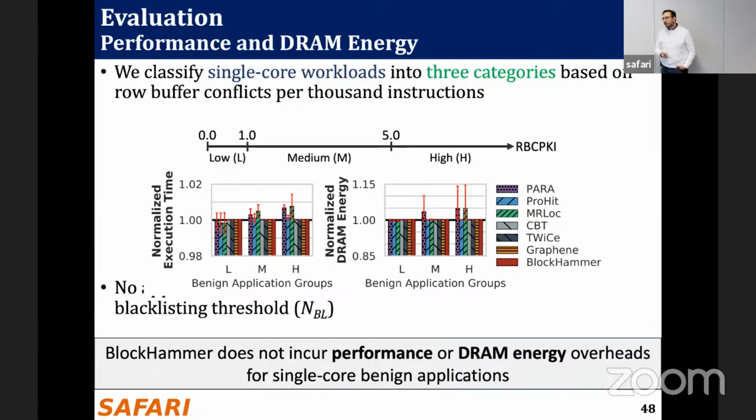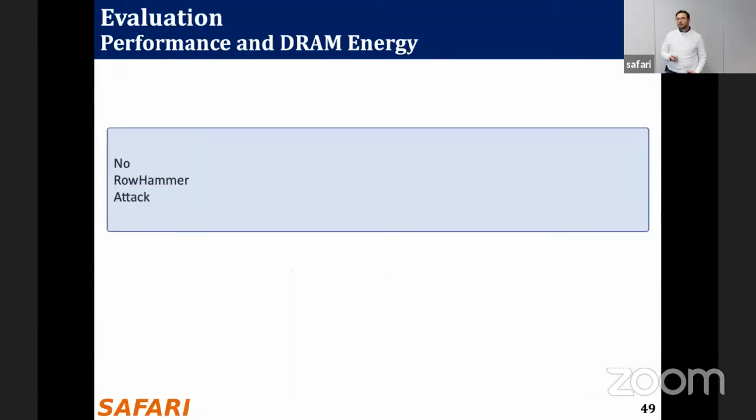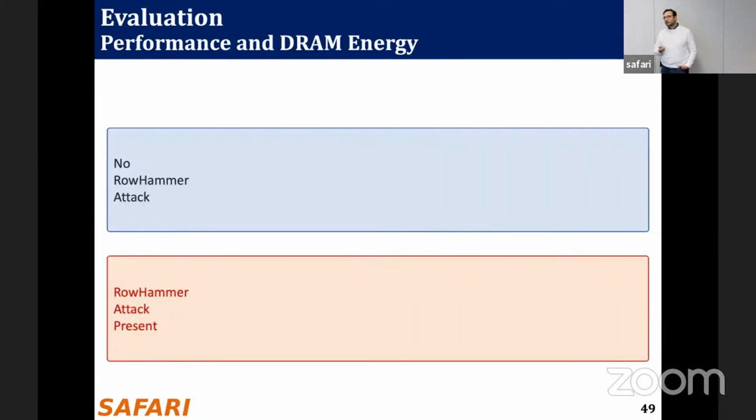What is the RowHammer threshold? Here we look at 32,000. Okay, so it's quite high actually when we think about the new data from today, right? But at that time it was actually a realistic number. Yes.